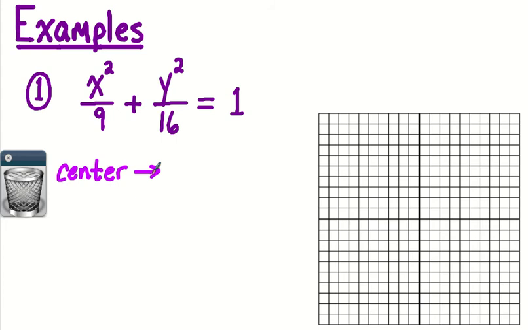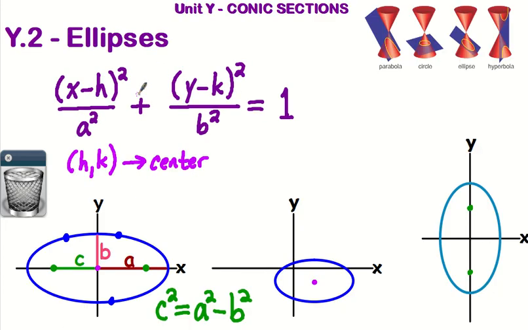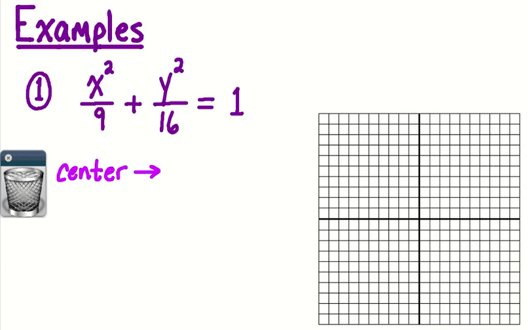Does this totally match this standard form? Well, yes, it does. It just turns out that h is 0. This technically says x minus 0 quantity squared. And this technically says y minus 0 quantity squared. So my center here is just 0, 0.